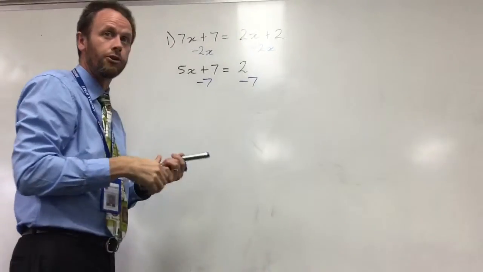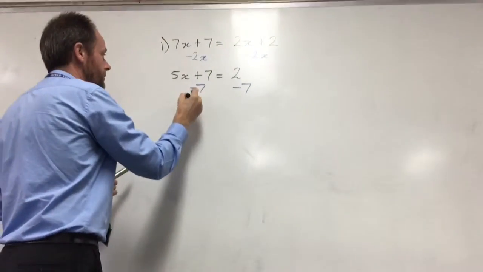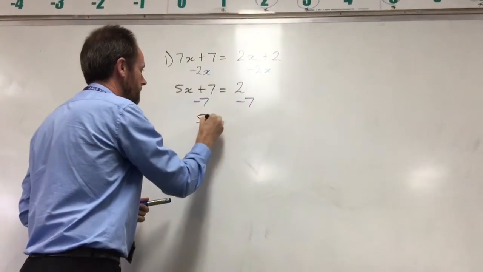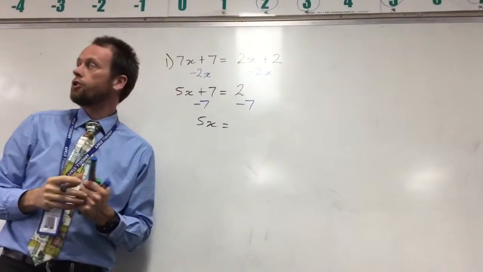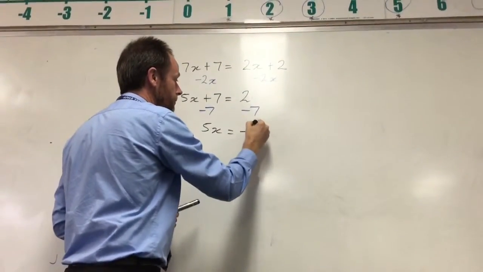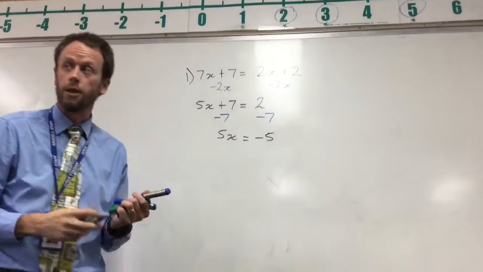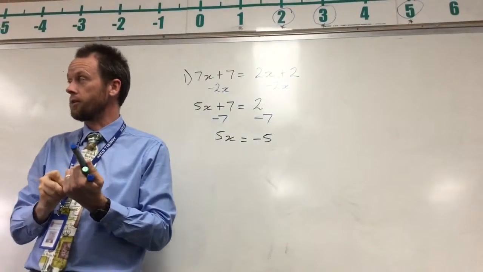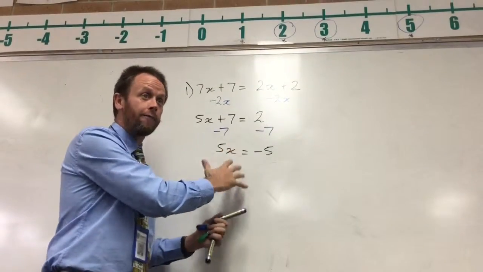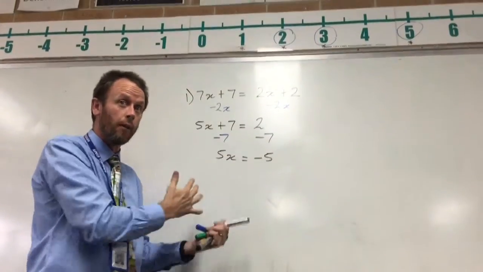Minus 7 from both sides. So in this case, 5x plus 7 minus 7 is just 5x. 2 minus 7 is minus 5. Be careful with that. You don't want to lose things. When we look at this, we've now got 5 times x. We want to get 1x.